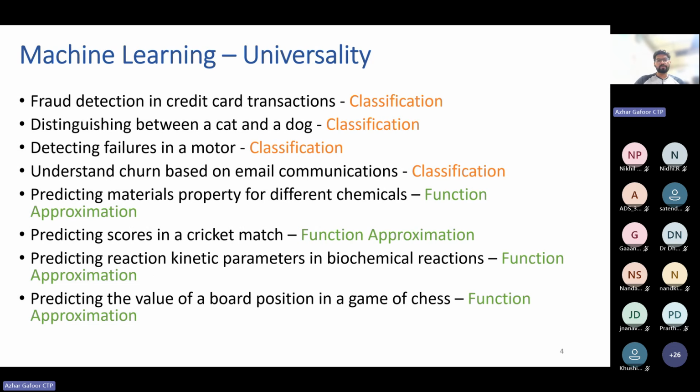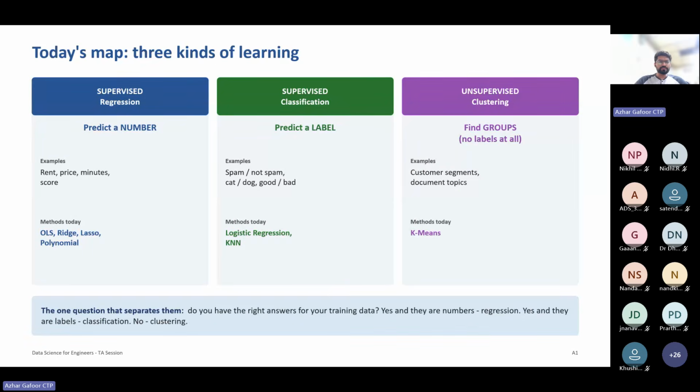Those types of problems can be called function approximation, whereas yes or no questions, like is it a dog or is it a cat, can be called classification problems.